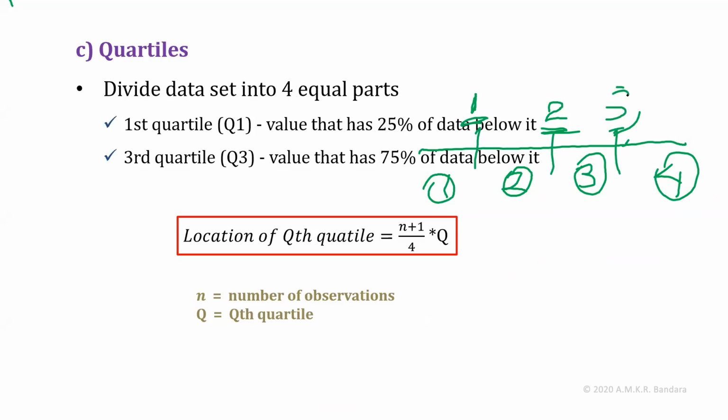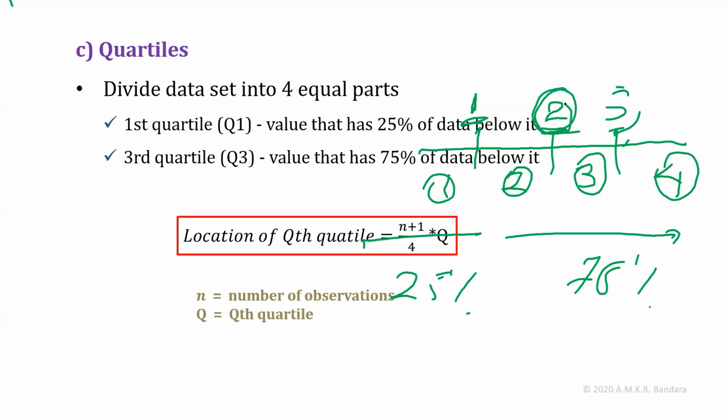The first quartile is that where 25% of the data is less than that and 75% of the data is greater than that. Similarly, the second quartile is the value where 50% of the data is less than that and 50% is greater than that.